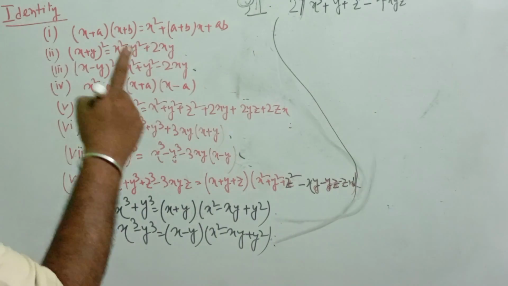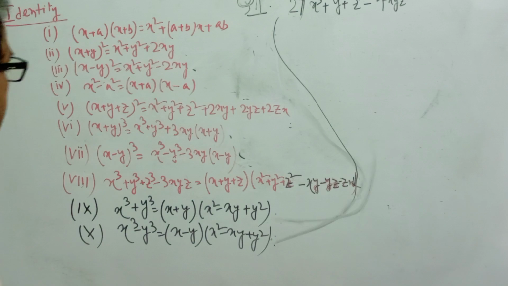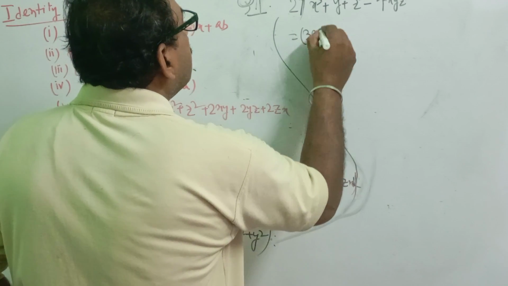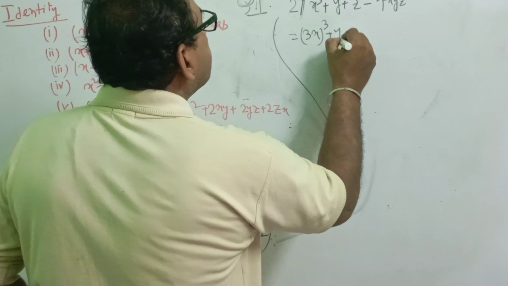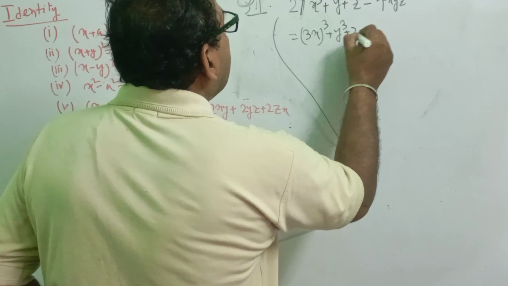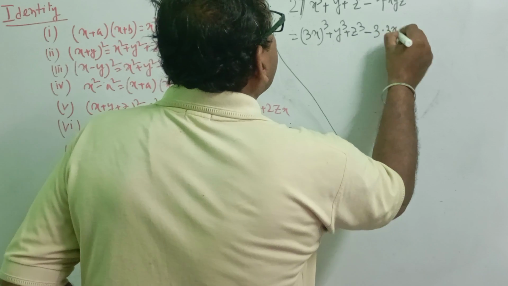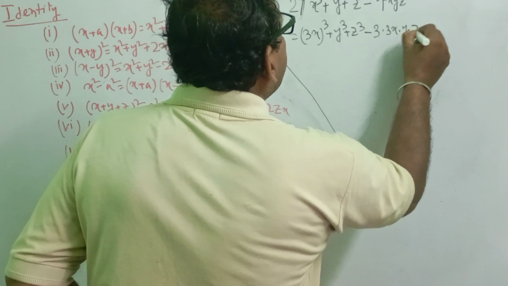So first we consider this as 3x whole cube plus y cube plus z cube minus 3 into 3x into y into z.